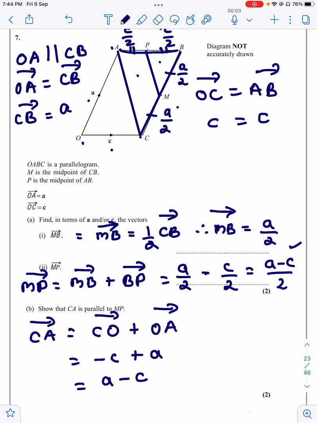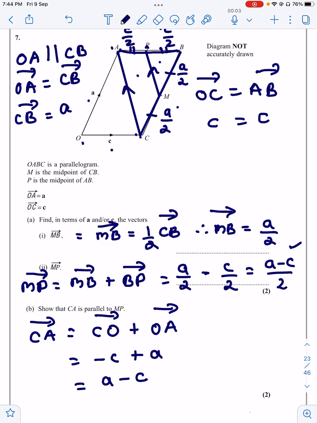So if I want to prove in triangle BAC that MP is parallel to CA, MP should be half of CA.